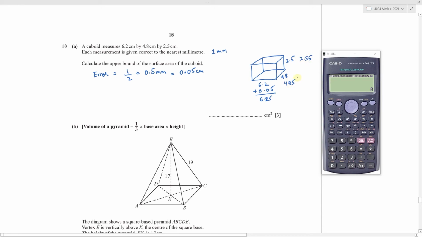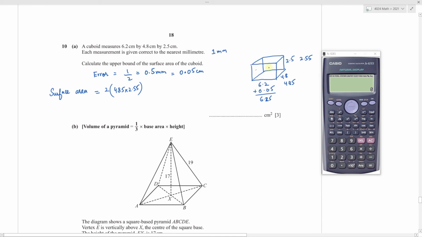So now I need to find the surface area. So let's look at this rectangle, which is the right hand side. One side is 4.85, the other side is 2.55. 4.85 multiplied by 2.55, and this whole thing multiplied by 2 because the side opposite also has the same dimensions, which is this one.